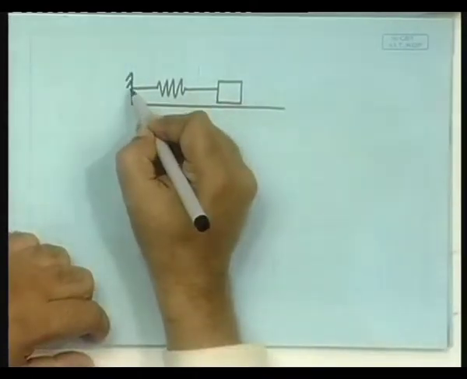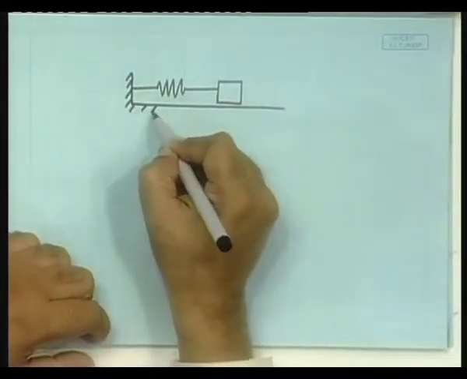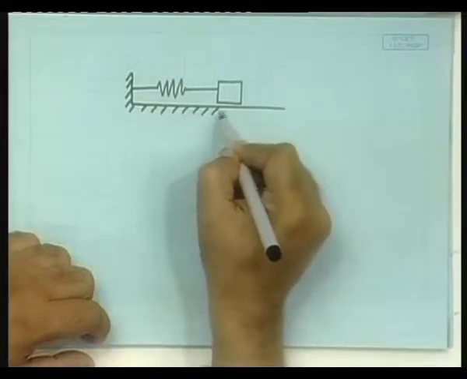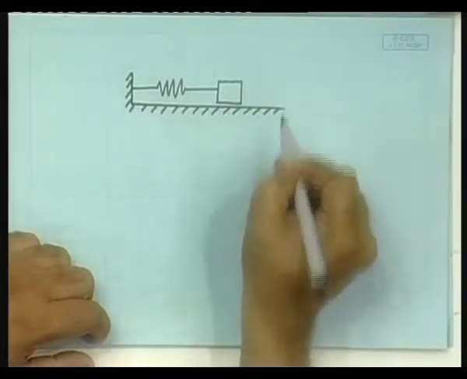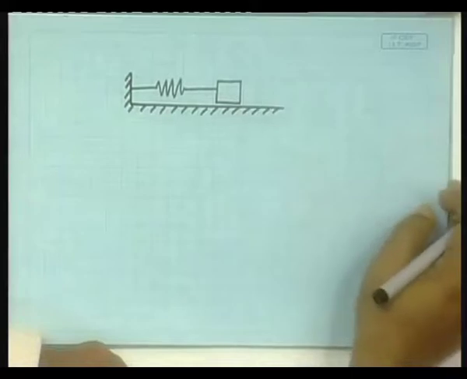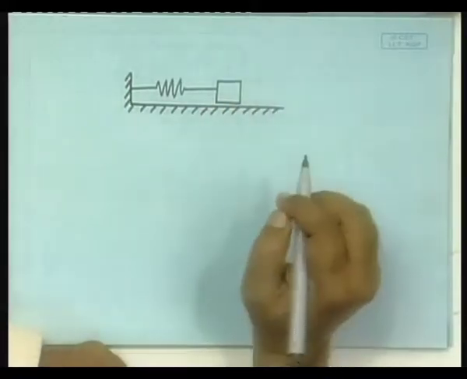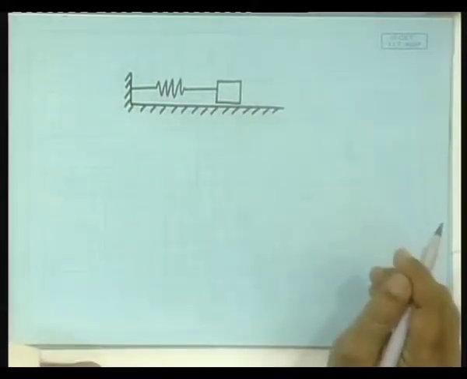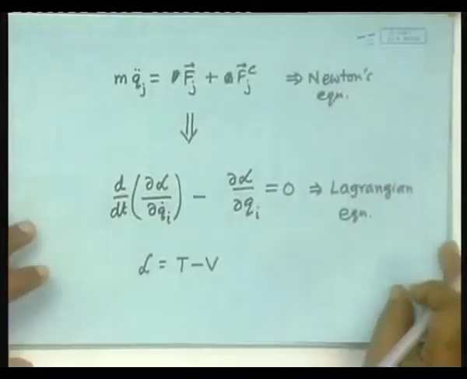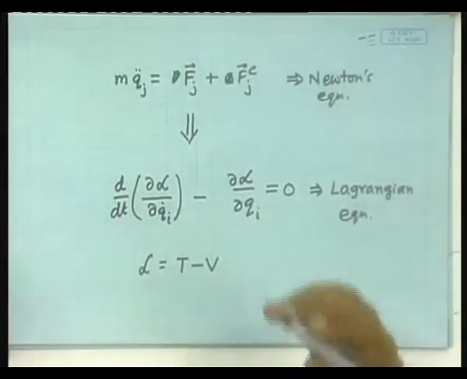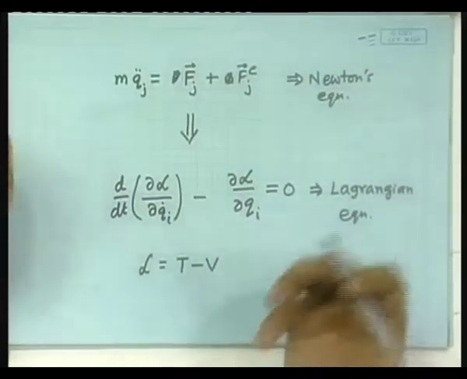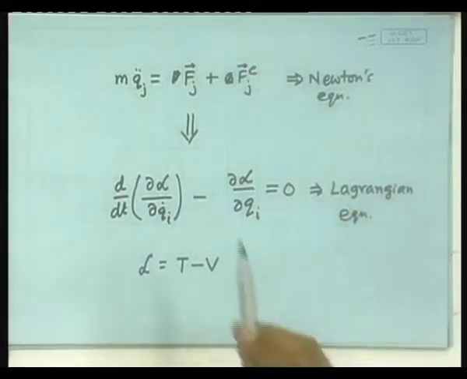How would you obtain the differential equation in this case? Let us start from the simple system. No, before going into that, let me start from here and illustrate how the process of obtaining the differential equation goes.